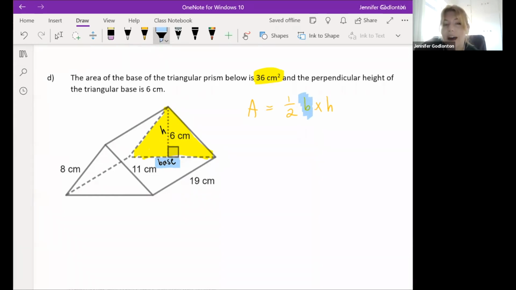Once you have found that base, work out the surface area of this shape. You could use Pythagoras, but that would be a really long way to go about this, so I don't recommend it. I recommend you use this area formula and work your way backwards. Let's see who can figure out the space.